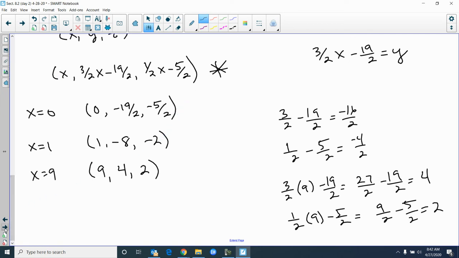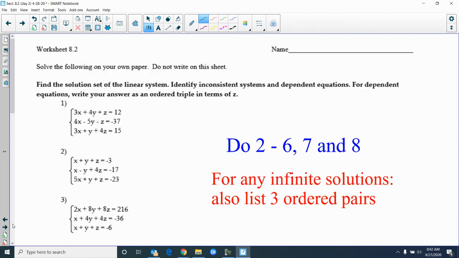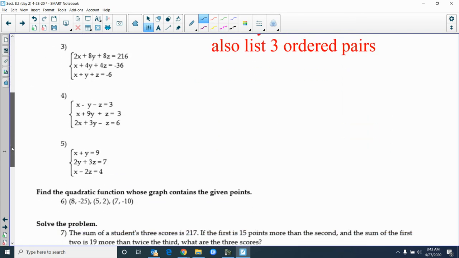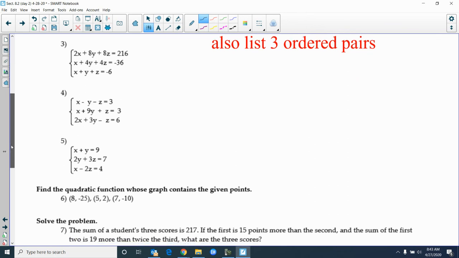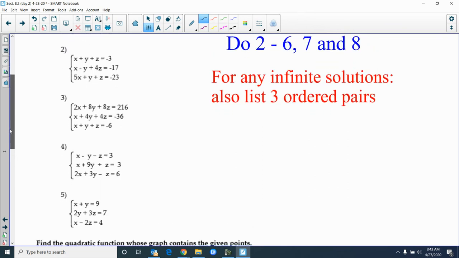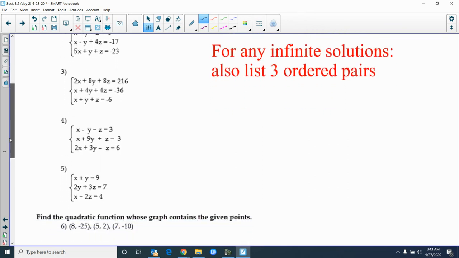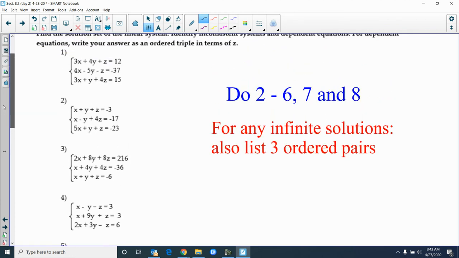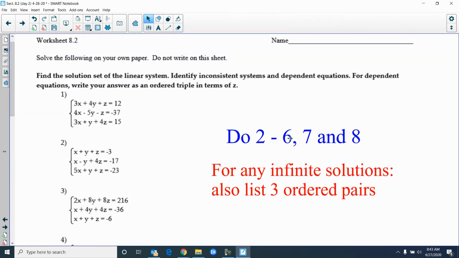All right, that's it for the notes for today. Okay, here's the worksheet, and I just really need you to do 2 through 5.